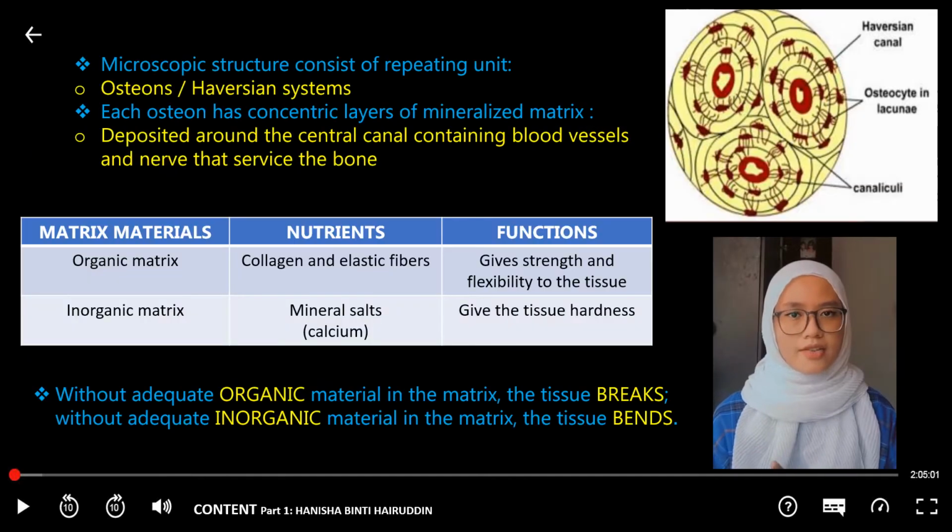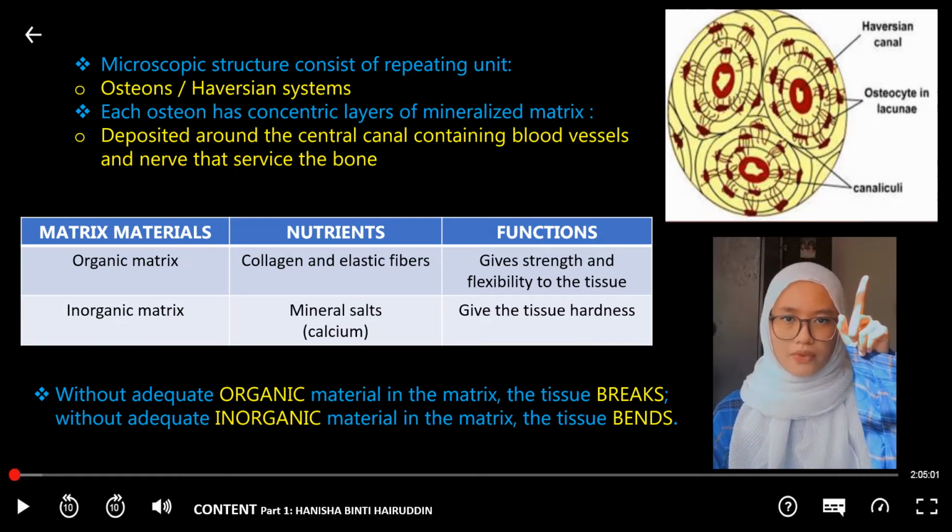The tissue is actually a microscopic structure that contains repeating units of osteons or Haversian system. Each osteon has concentric layers of mineralized matrix that are deposited around the central canal that has blood vessels and also nerves, as you can see in the picture above.